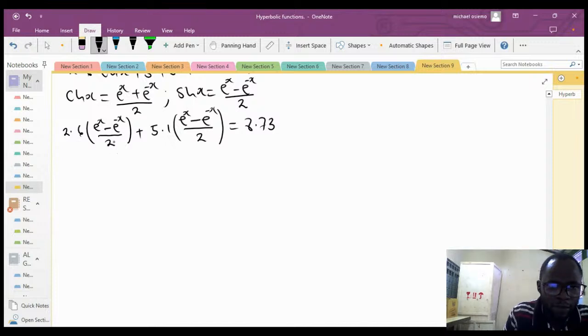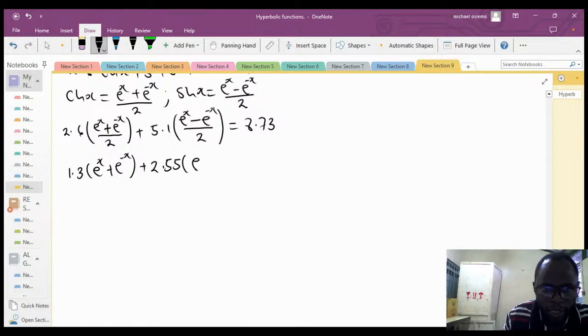So we can have 2 by 2, 1 by 2, 1.3. So we have 1.3 into exponential x, minus or plus exponential negative x? It is plus exponential negative x. Then plus 5.1 divided by 2, which is 2.55, into exponential x minus exponential negative x.